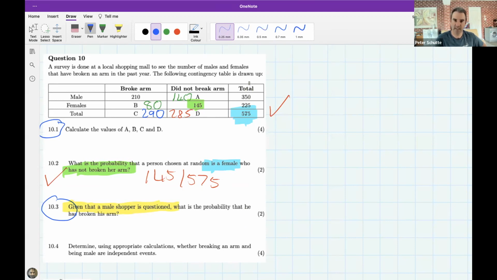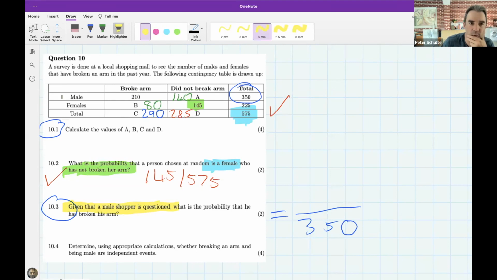So for me, that's a total of 350. So when I play the game here and calculating probability, I've only got 350 possible options. So that's a little bit different type of question. So be aware how the wording changes it. So if I know that I'm surveying the male population or the male survey group, what is the probability the person I choose will have a broken arm? Okay, so I've got to now go and look in the male row, which is here.